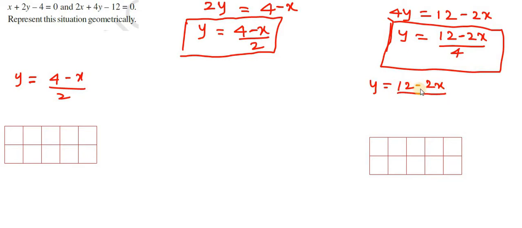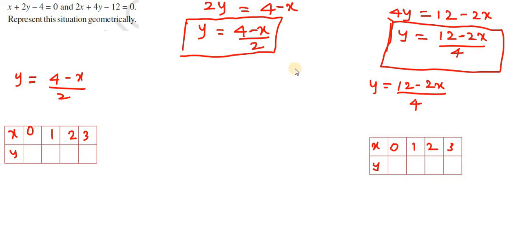This one is y equals (12 minus 2x) divided by 4, the second equation. One more row you can write, that is x comma y. If you want you can write it, or else you can leave it. So 0, 1, 2, 3, and here also the same thing, 0, 1, 2, 3.